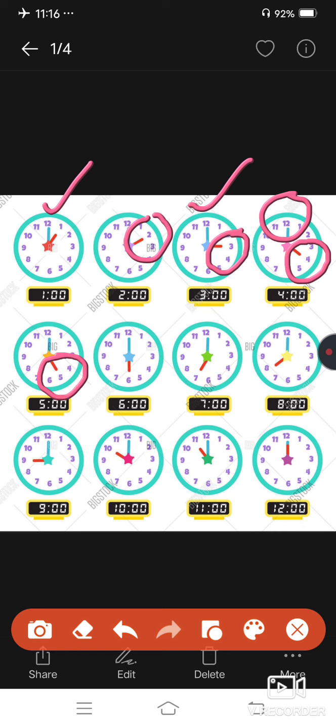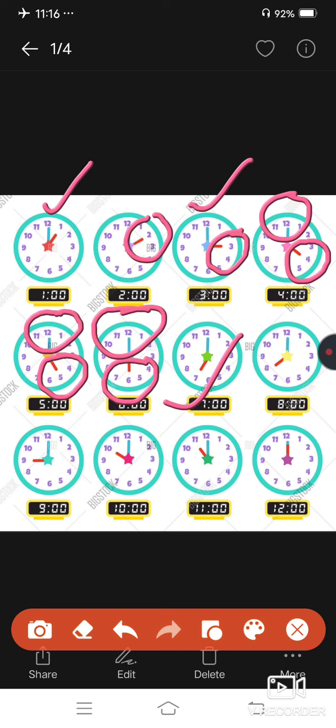Here the short hand is at 5 and the long hand is at 12. It means it is 5 o'clock. Here in this clock, the short hand is at 6 and the long hand is at 12. It means it is 6 o'clock.